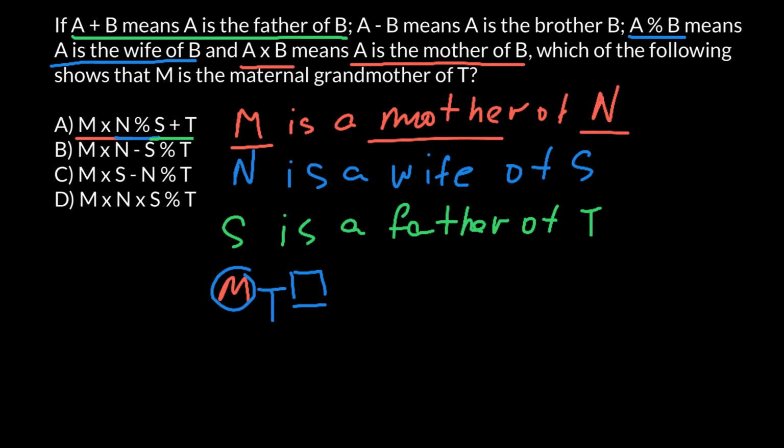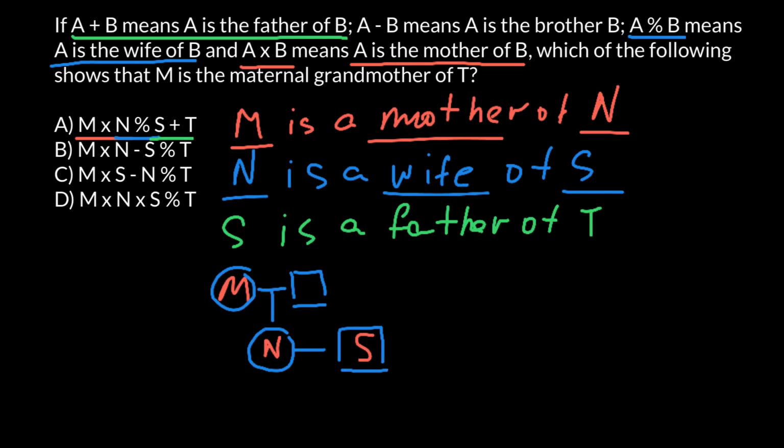So here is n. Next statement, n is the wife of s. So n has to be female. She is a daughter of m, and she is wife of s. And of course, in order to be a wife, s has to be a male.